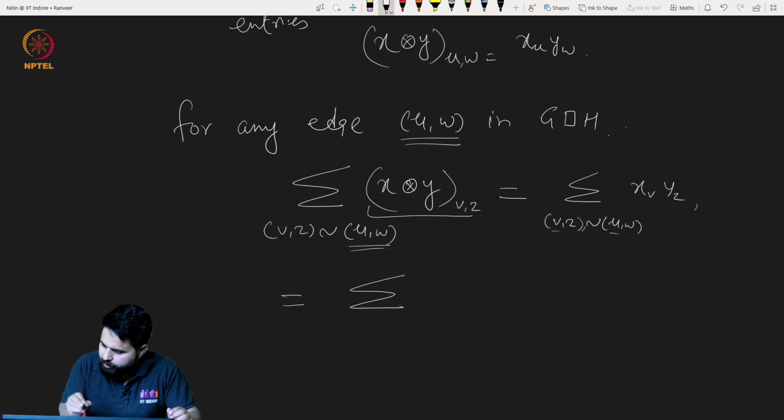Suppose the first coordinates are the same, so the vertex is (u, z) with u the same.